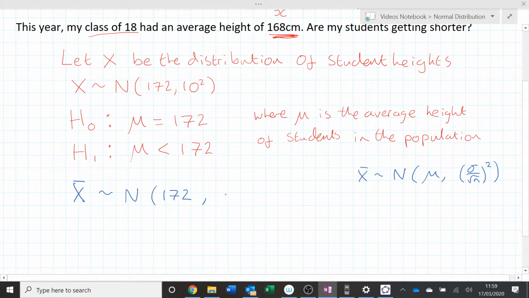So I am going to have 10 over root 18, because my n is 18, squared. And we saw an observation of X bar as 168.